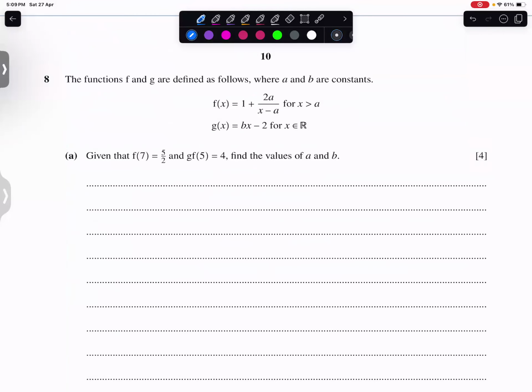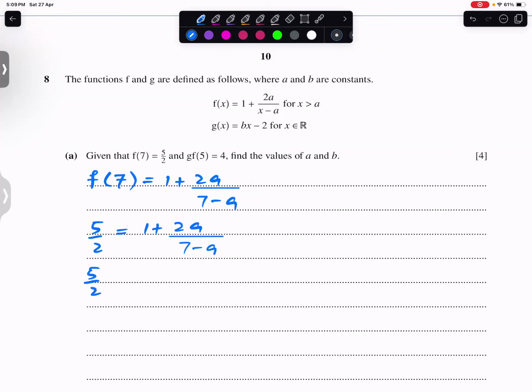The functions f and g are defined as follows, where a and b are constants, given that f of 7 is 5 by 2. So f of 7, first of all, you will find it: 1 plus 2a divided by 7 minus a, and it is 5 over 2 is equal to 1 plus 2a over 7 minus a.